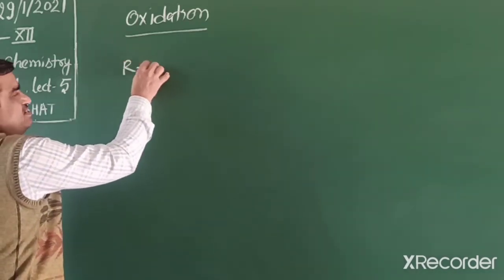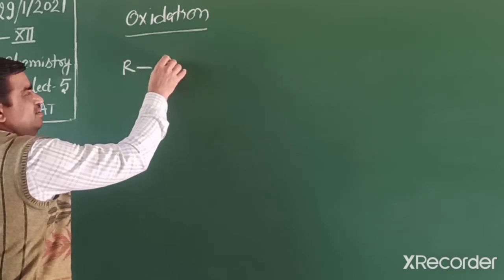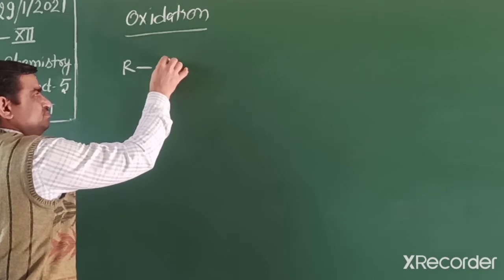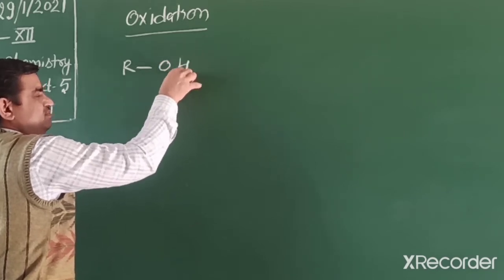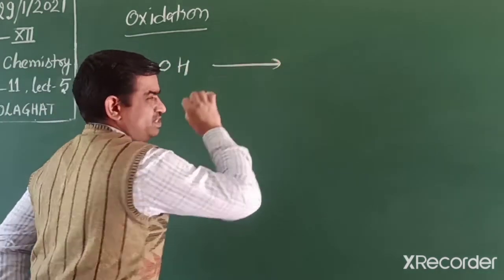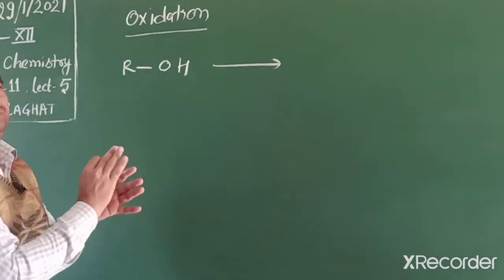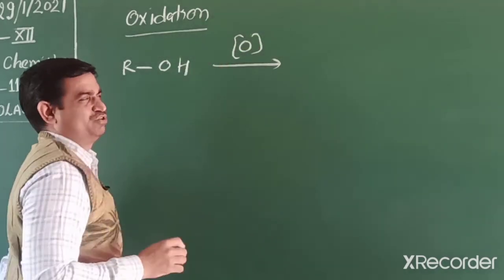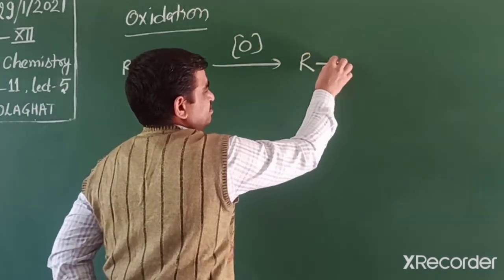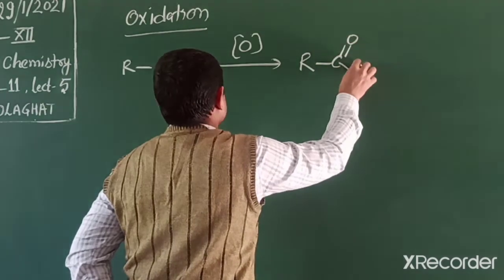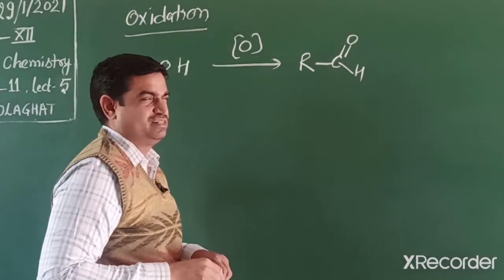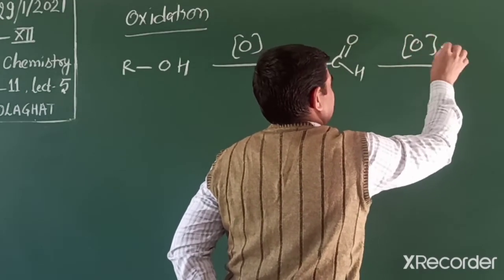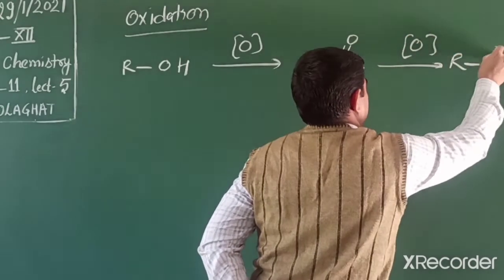If we write a general alcohol like this, ROH, then by using an oxidizing agent, the alcohol is further oxidized to the corresponding aldehyde, and after that, with further oxidation, it converts into the corresponding carboxylic acid.